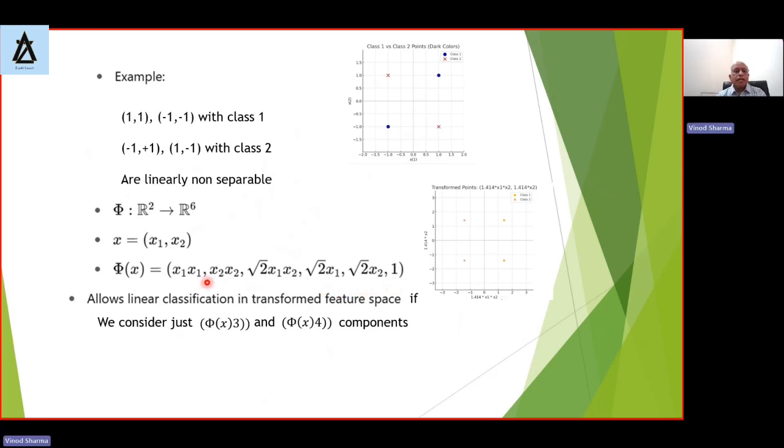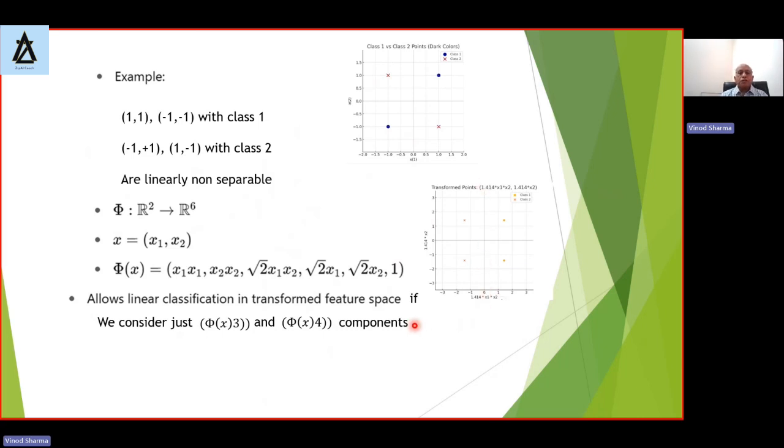If we look at this transform domain and consider just two components, the third component and the fourth component of this vector, and we plot them here, these are the class 2 points and these are class 1 points, and you can see very clearly that these can be, in this transform domain, very easily linearly separated, let's say by this line.